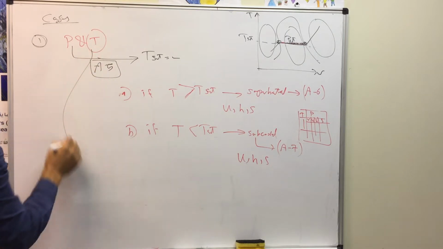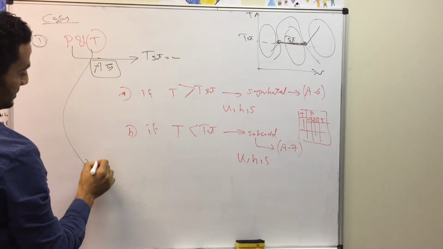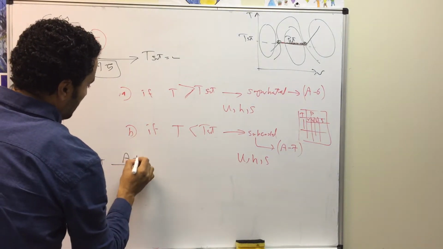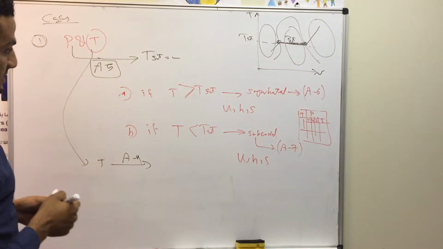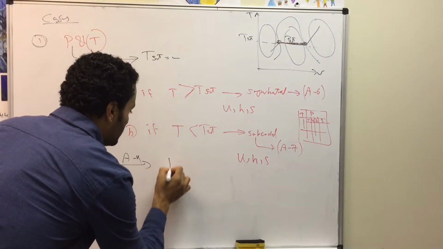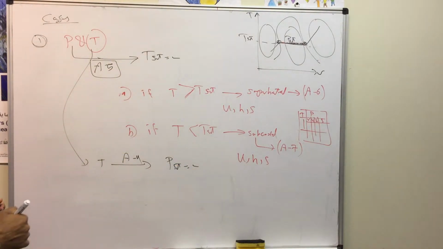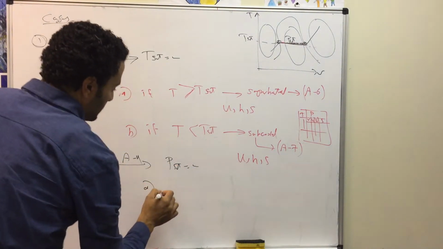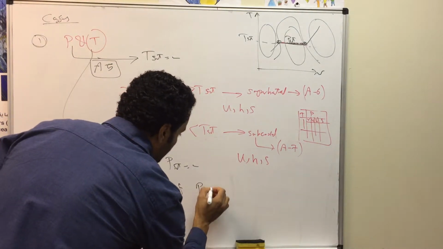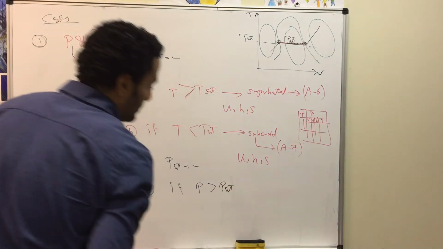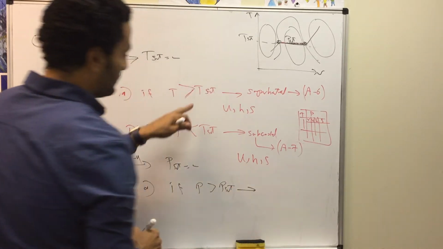The other option can also be done. In this case, using this temperature, we can go to table A4. This is something optional. From table A4, we can get the saturation pressure, or the pressure at this temperature. Then we can compare. Case A: if pressure is greater than P saturation, in this case it is the reverse of the temperature.